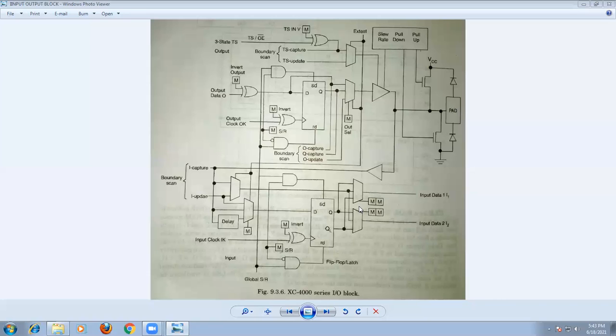Now let us consider the input-output pad as an output. As we already discussed, when this pad is the output, the buffer must be enabled. The output signal is coming from the logic cell and first goes to the exclusive OR gate.